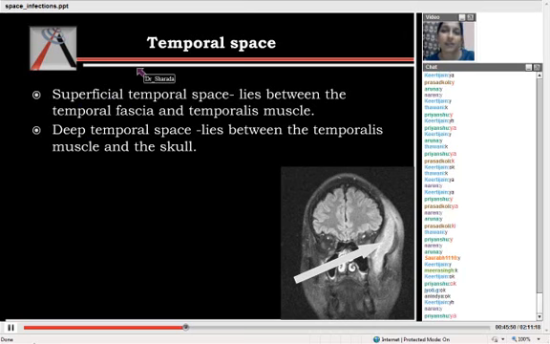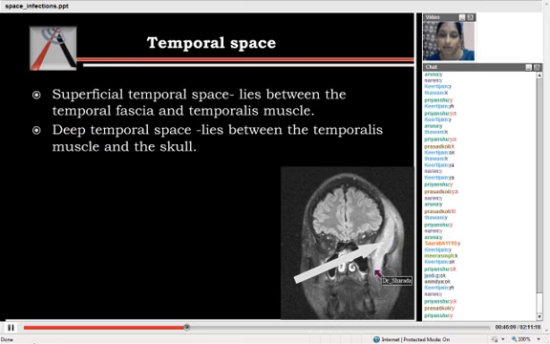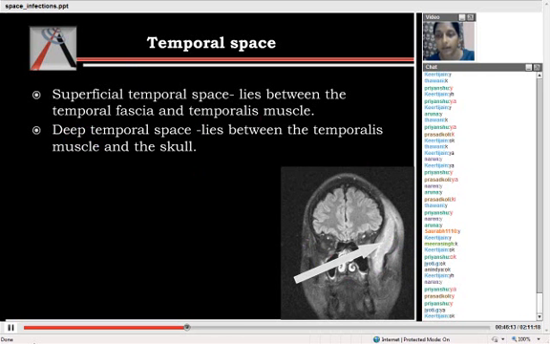Superficial will be between the fascia and the muscle, but the deep part is right next to the bone, muscle and the bone. Got it? See here, can you see this? It's just a CT scan. You can't make out, but I'm just telling you how it looks. See, this is the normal side and this is how it looks. Okay?